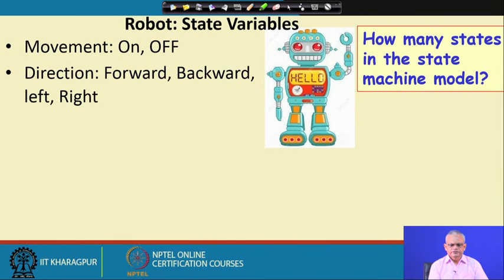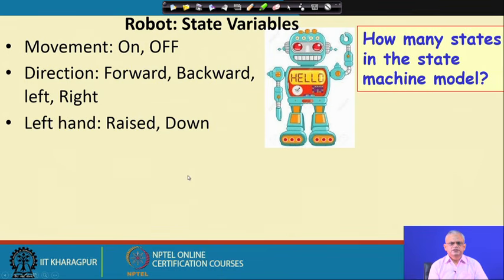But now, with the second state variable, we have 8 states, that is robo movement on with direction forward, robo movement on with direction backward, robo movement on with direction left, robo movement on with direction right, and similarly robo movement off with forward, backward, etc. So, with these 2 state variables we have 8 states.